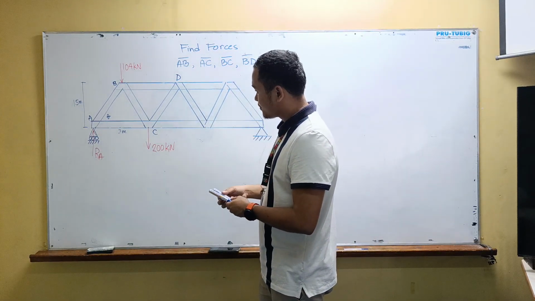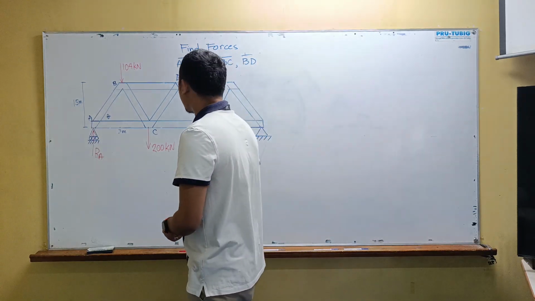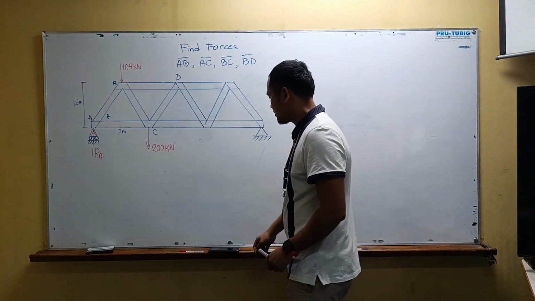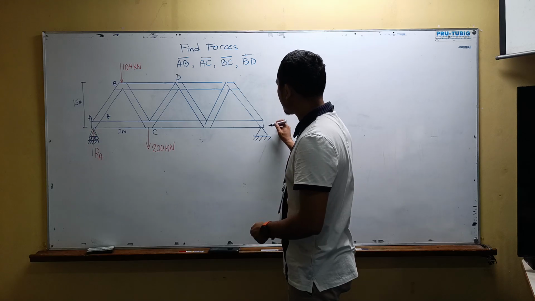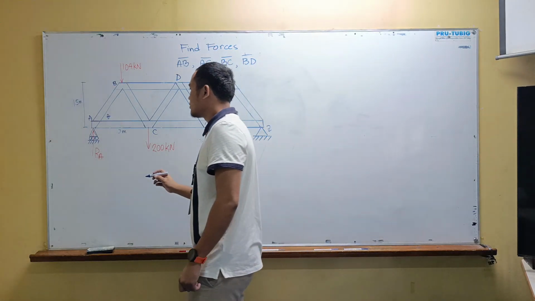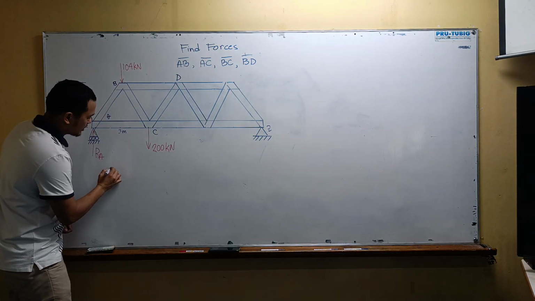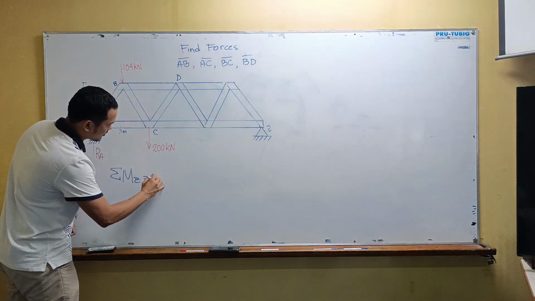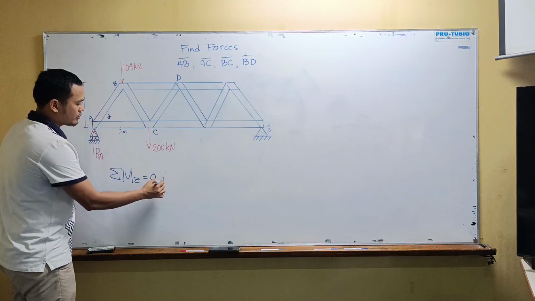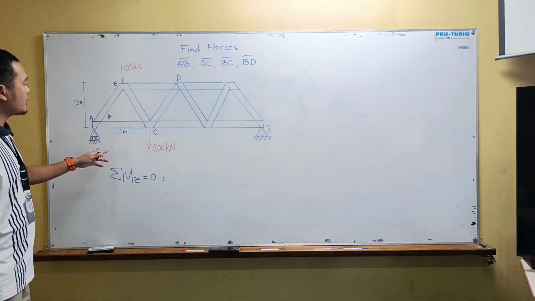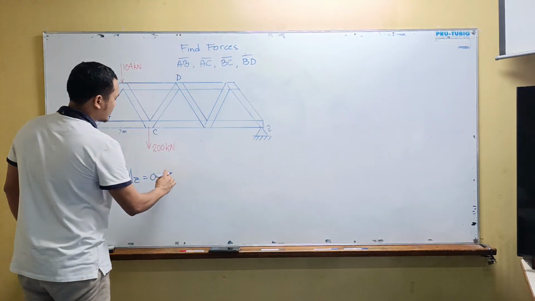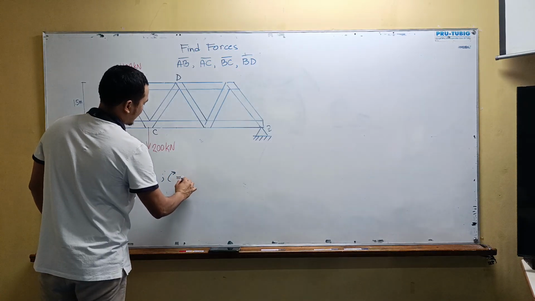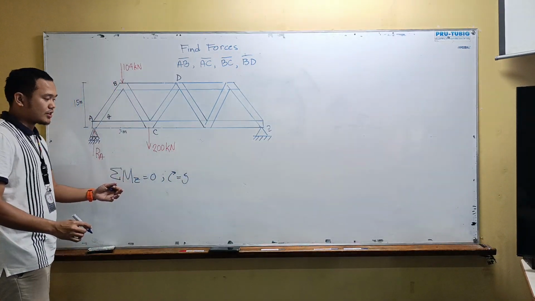So how do we solve for RA? We could take a moment at, maybe we call this Z. So you take a moment at Z equal to 0. From there, your equation is clockwise equal to counterclockwise as always.